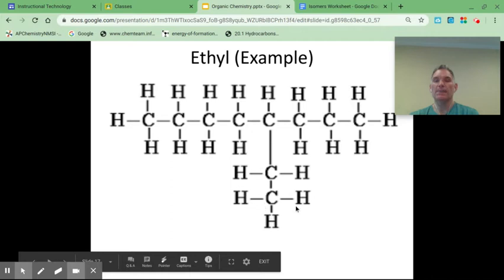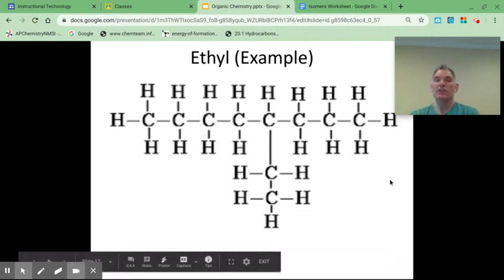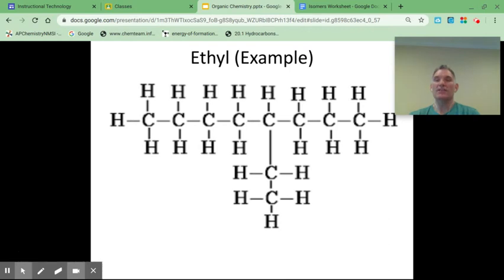Okay? And the way this works is you always want to make sure you find the longest number of carbons first. So if I counted by accident 1, 2, 3, 4, 5, 6, that's only 6 carbons. There's actually 1, 2, 3, 4, 5, 6, 7, 8 going this way. So again, what you see is what you get. Check this out. I have 8 carbons in my chain.